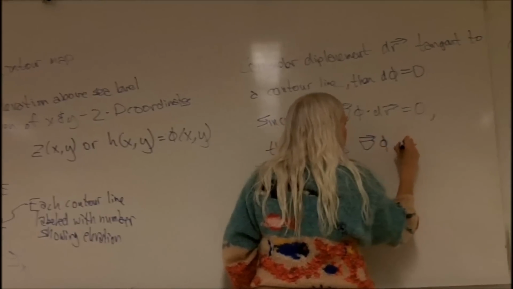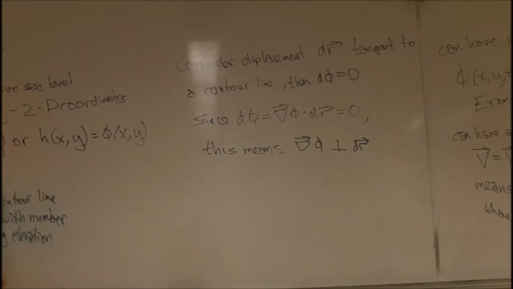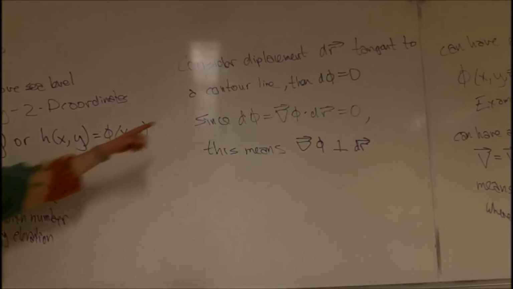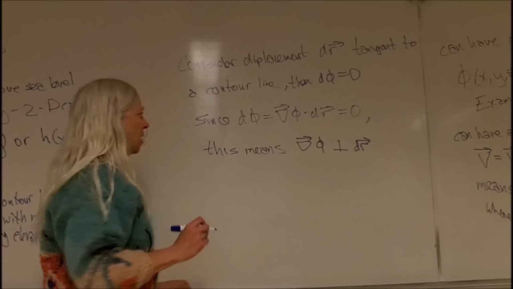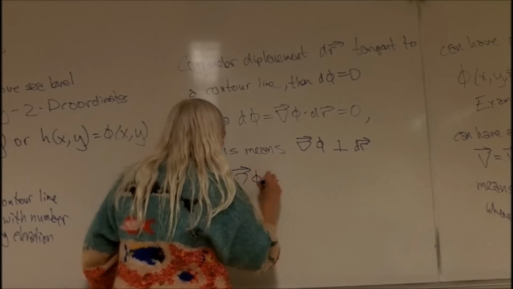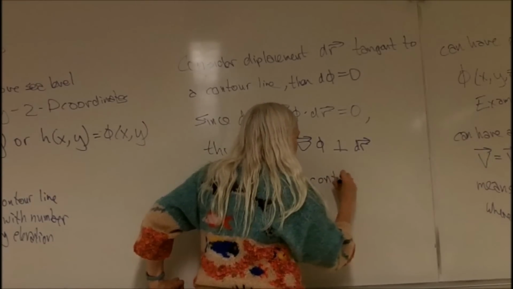So that means the gradient of phi is going to be perpendicular to the displacement that we moved along. And we moved along a displacement dr that was tangent to the contour lines. So that means that the gradient of phi must be perpendicular to the contour lines.